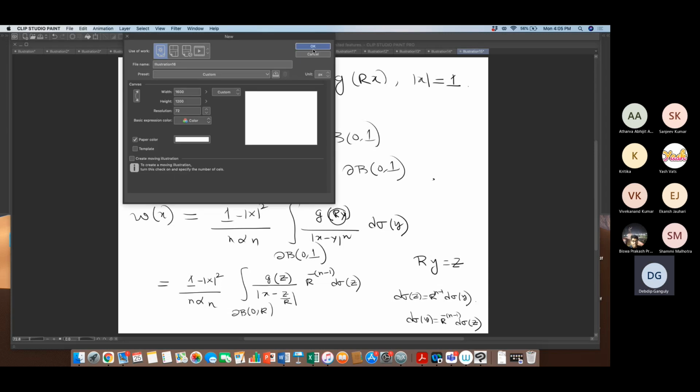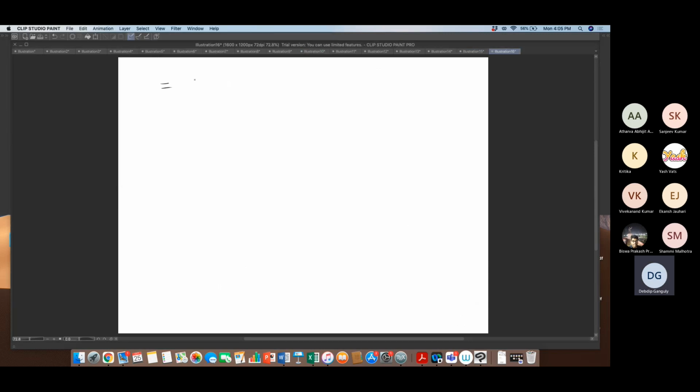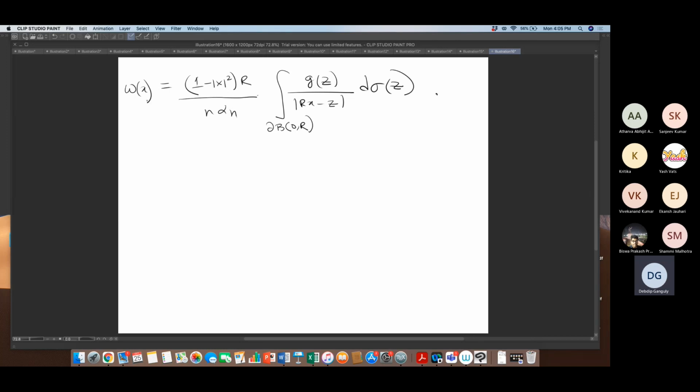If we compute this, we will have (1 − |x|²) times R over nα(n), integral over ∂B(0,R), of g(z) over |Rx − z|^n dσ(z). This is W(x). Now what will I do? We are almost there.